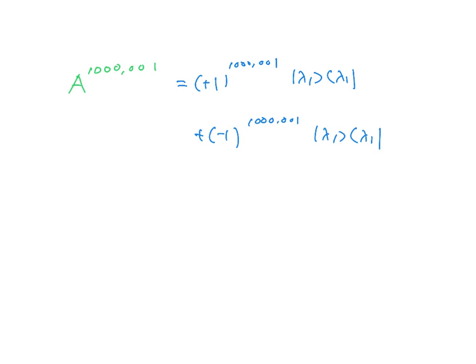This is 1, right? How about minus 1 to the million and one? We know this is minus 1. So this is A. We know the answer. We can write it down in 2 seconds again. So instead of multiplying this matrix product for 2 weeks, you can get this result in maybe 1 or 2 seconds.